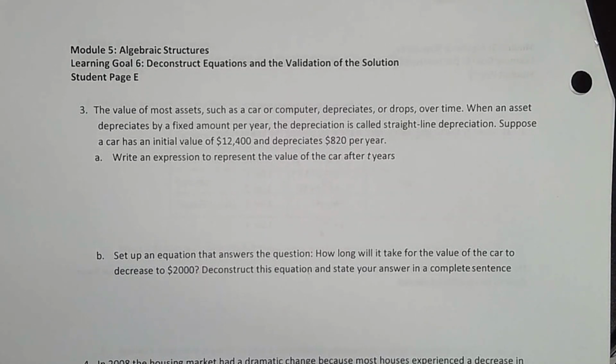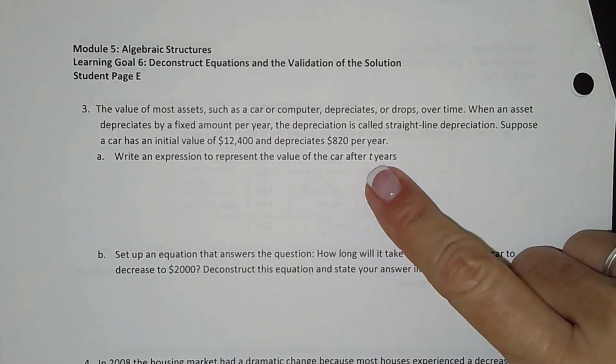When an asset depreciates by a fixed amount per year, we call that straight line depreciation. So suppose a car has an initial value of $12,400 and it depreciates $800 per year.